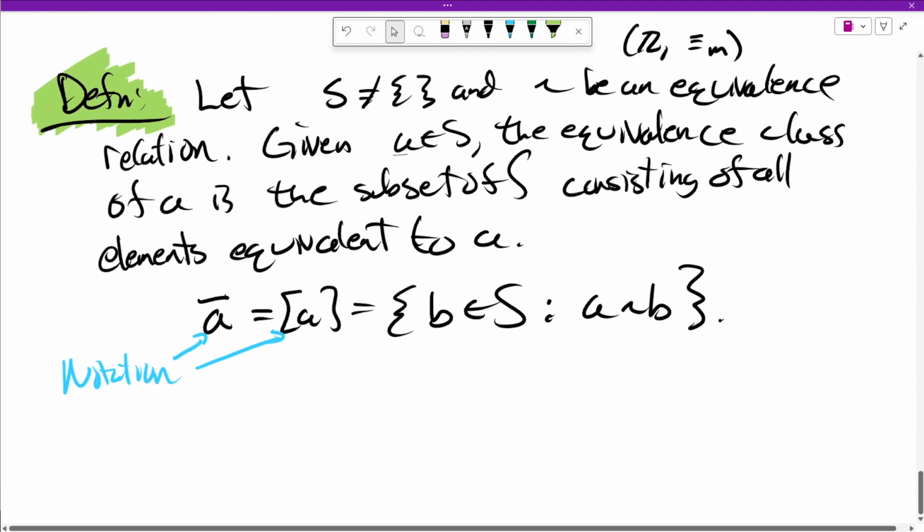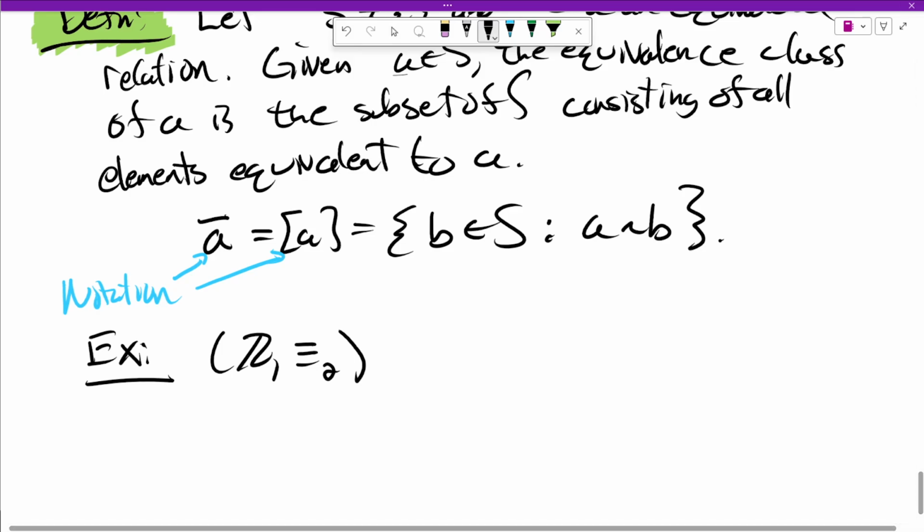Let's actually keep this up here, and let's do two examples. We're going to consider Z with equivalence modulo 2. Let's look at the equivalence class of 0, which is either 0 bar or bracket 0.